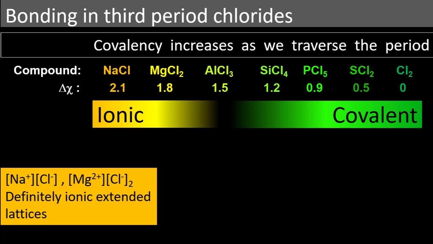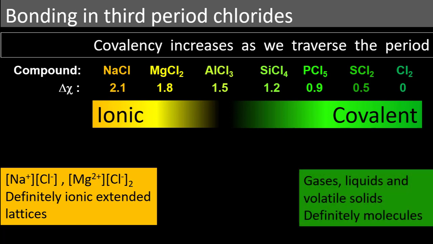While on the right-hand side, we see molecular species, gases, liquids and volatile solids. Structural studies show them to be discrete molecular-based structures. They are neutral, and with no separate charged parts they are not conducting. Clearly we need to use a covalent model of bonding here.